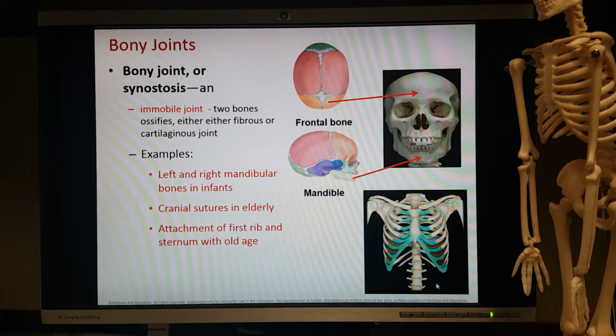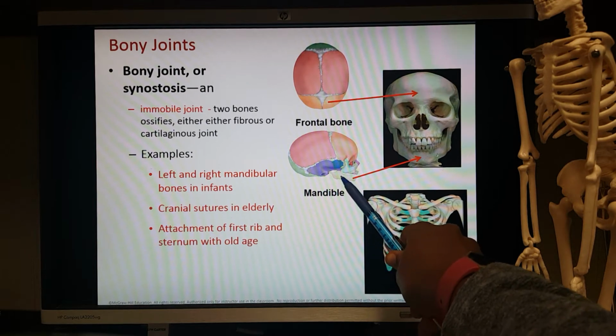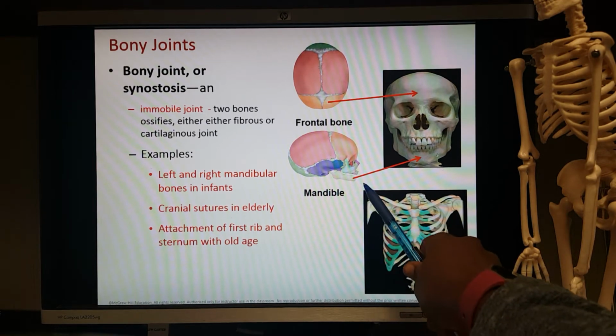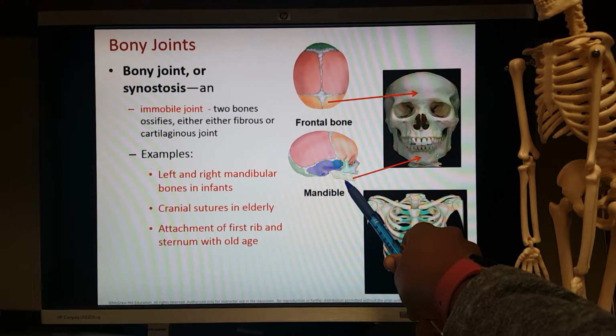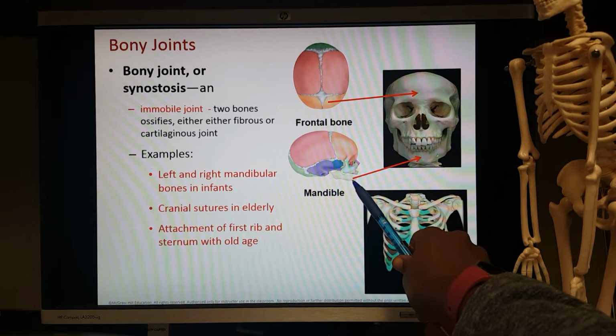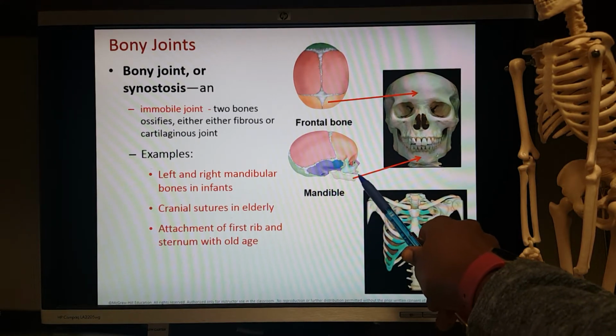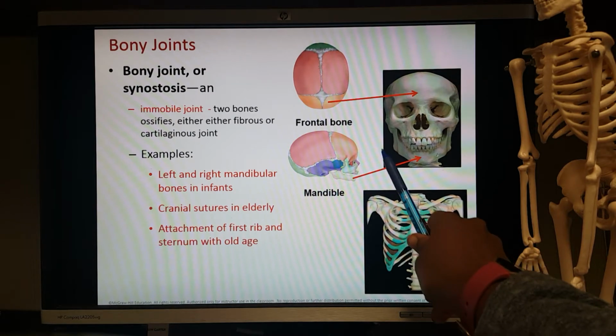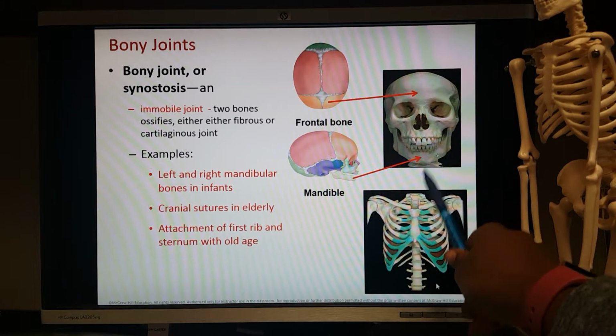Another example is the left and right mandibular bones. During development, the mandible or lower jawbone is in two pieces, but as the child grows, in an adult, that mandible fuses into one bone.